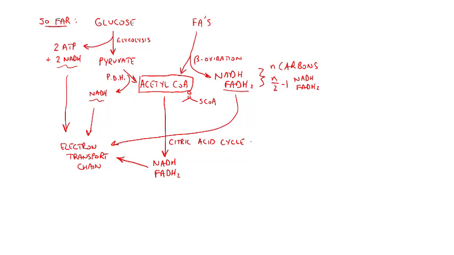So the citric acid cycle is the pathway where most carbon oxidation in aerobic respiration takes place. And that's going to be what we talk about right now.